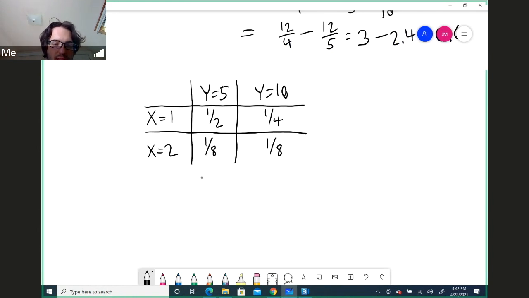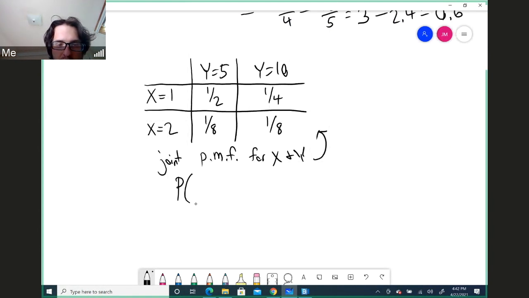This is the joint PMF for X and Y. So, for example, the probability that you see X equals 1 and Y equals 10 together is equal to 1/4.